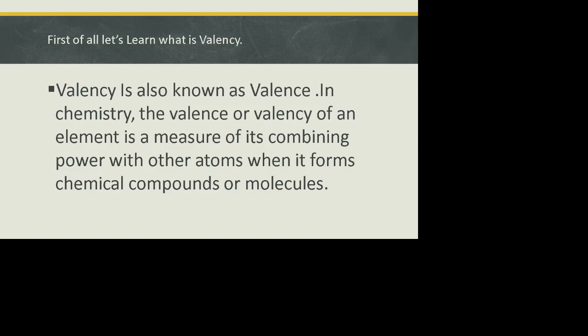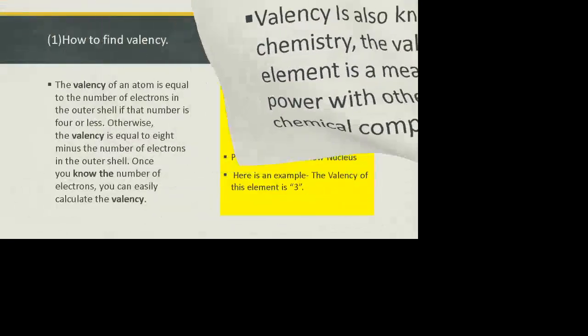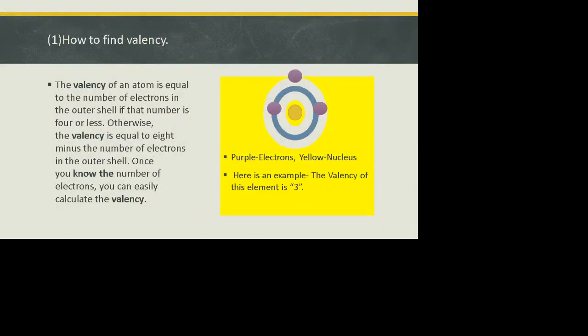Again, I'm taking the example of sodium. We know the atomic number of sodium is 11, and in the K shell we have to fulfill 2. In the L shell we have to fulfill 8 electrons, meaning 8 plus 2 is 10, and the remaining 1 is in the M shell, meaning 2 plus 8 plus 1 equals 11.